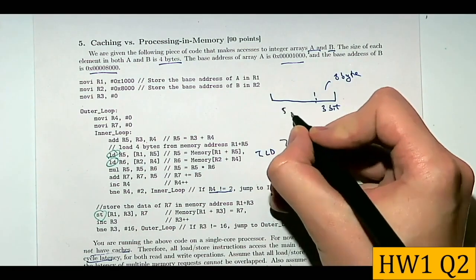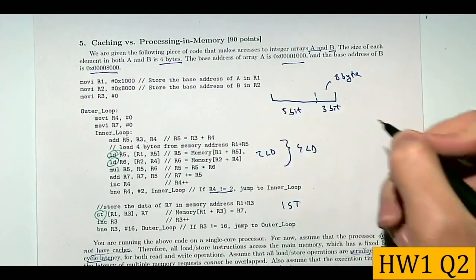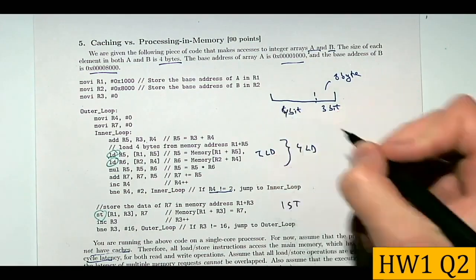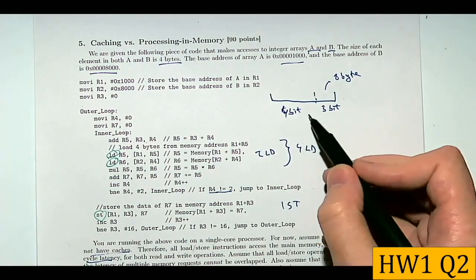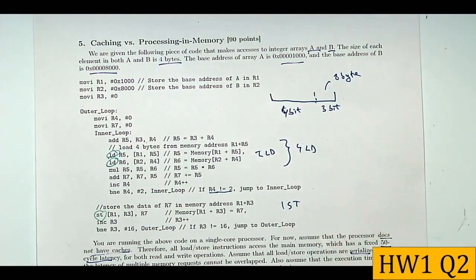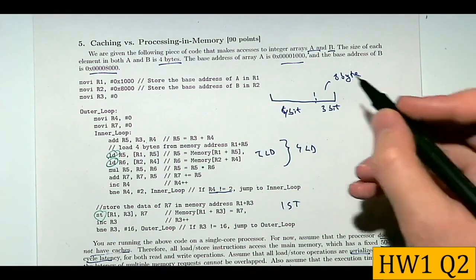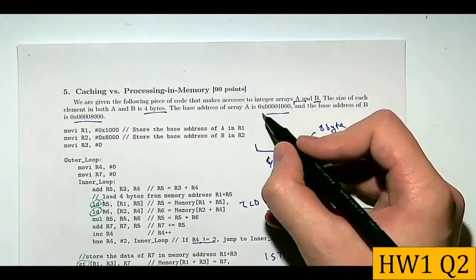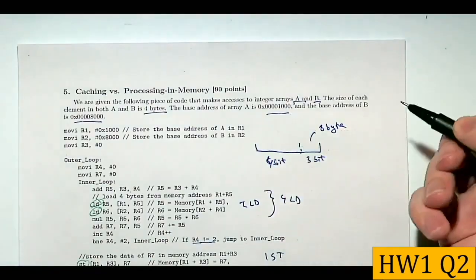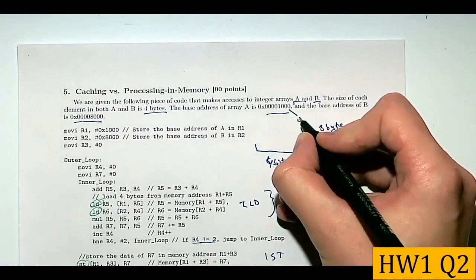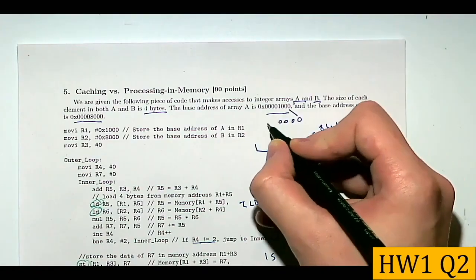And then the next 4 bits of the address will tell us which entry of the cache that address is targeting. So if we convert this hex number to binary, we will see that we have a bunch of zeros here.